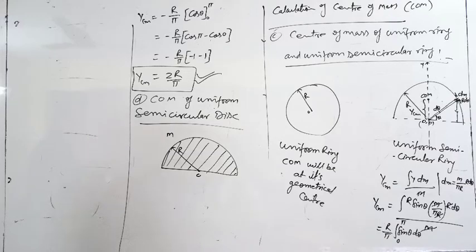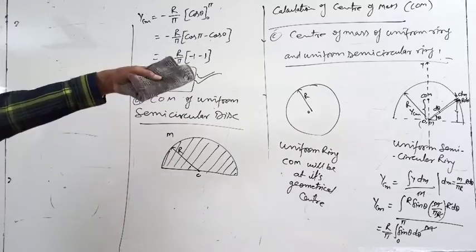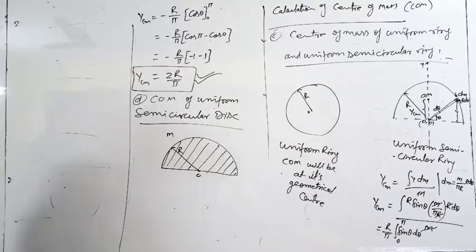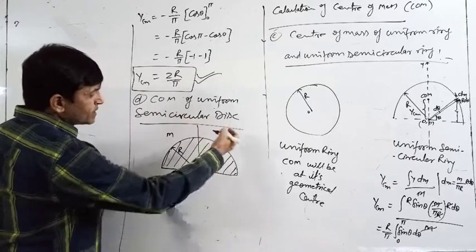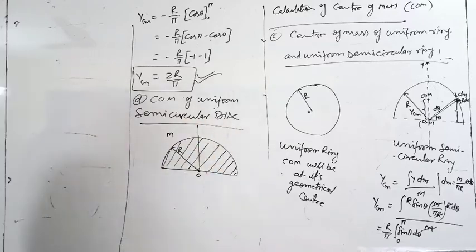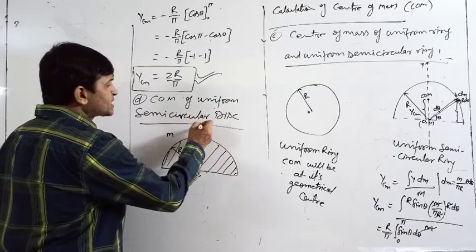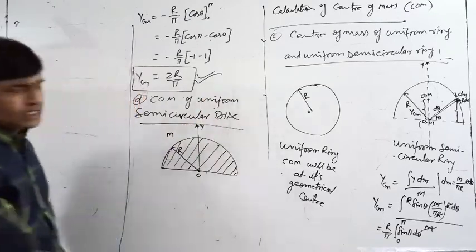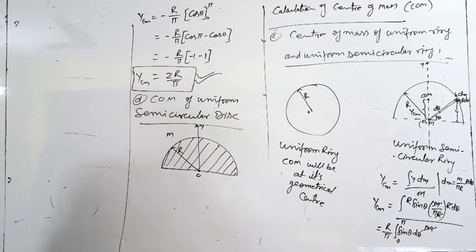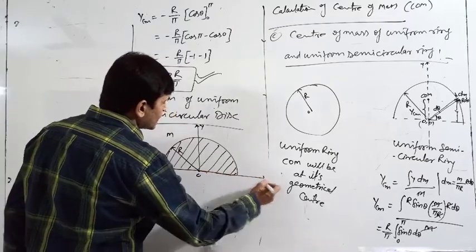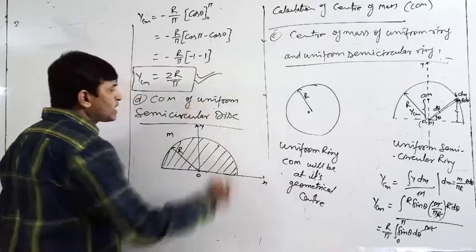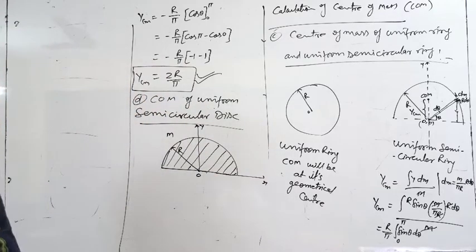If we are able to make such a line here, this exactly divides it in two parts. So center of mass must be on which line? On y-axis. Just like this. I am taking the center as the origin. X and y. Only y coordinate is required.